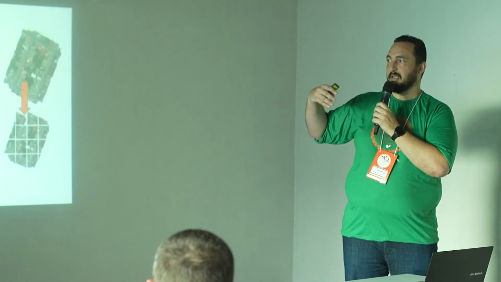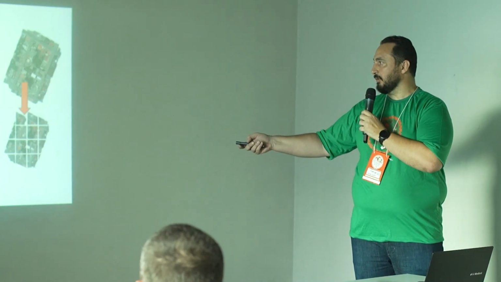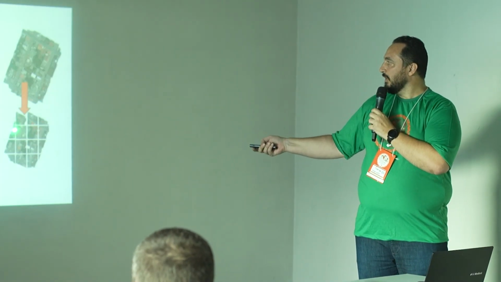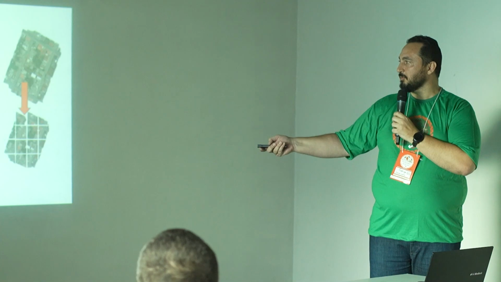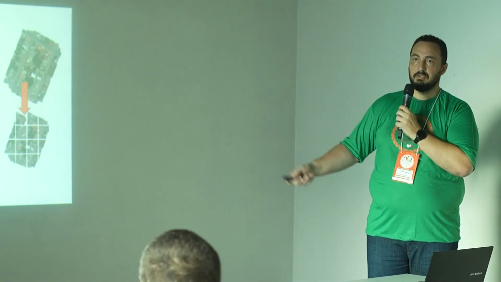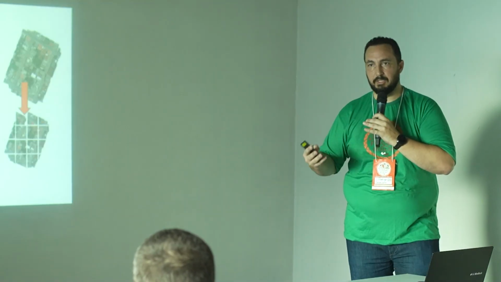The software slices the images for us but keeps the tile positions, so we can build the image back after the process. When you use this method, you can overcome memory constraints when using a machine that does not have a powerful GPU.